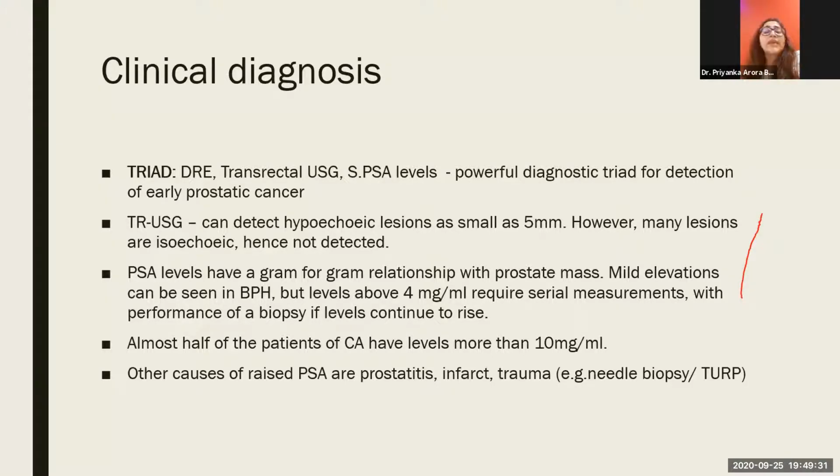So usually when PSA levels are high in a patient who is possibly having a lesion, or just investigation for high PSA levels in the absence of BPH, or when the PSA levels do not correlate with the volume of the prostate that you see on ultrasound.